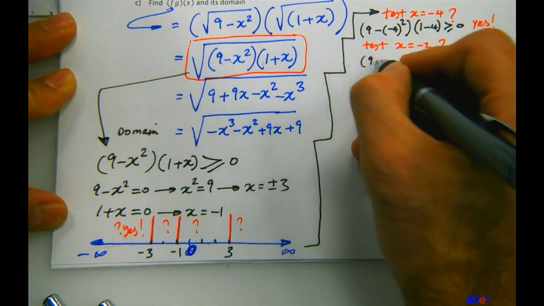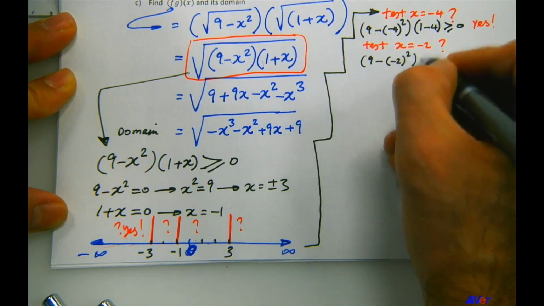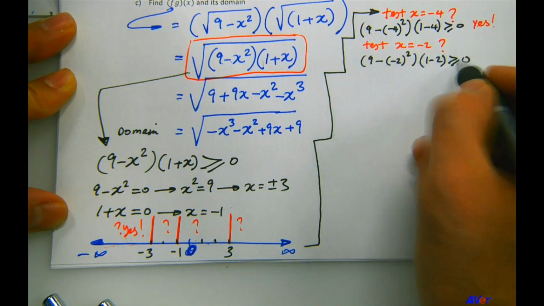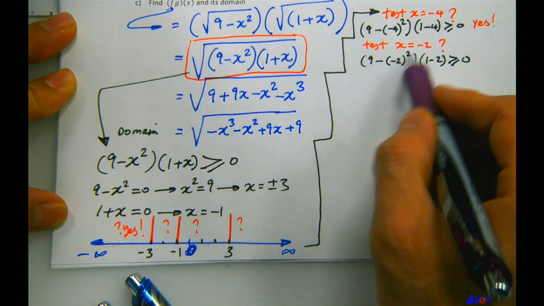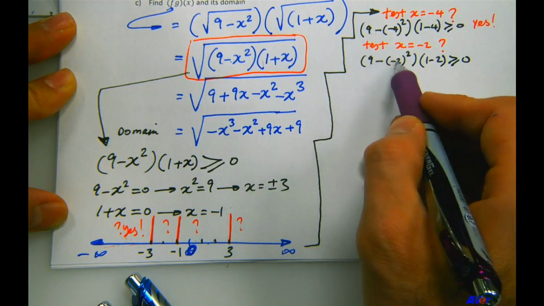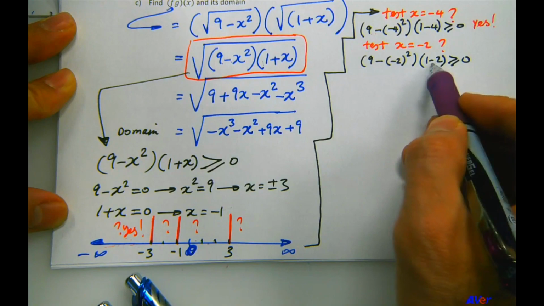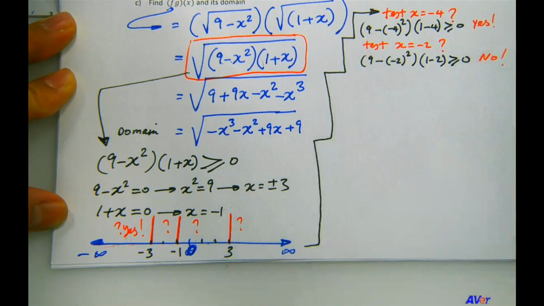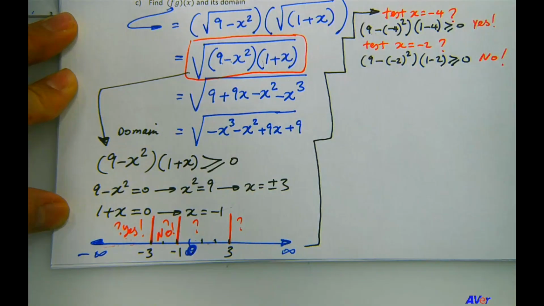So 9 minus -2 squared times 1 minus 2. -2 squared is positive 4. 9 minus 4 is 5. 5 times -1 is a negative number. So no, that's not going to work, and I'm going to say no. So far we have just that region.